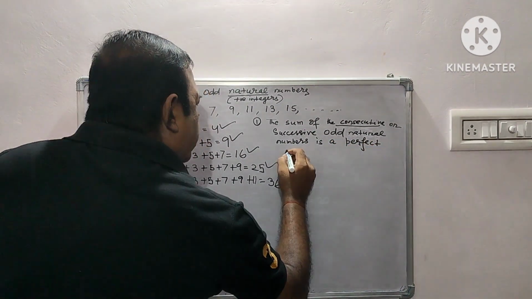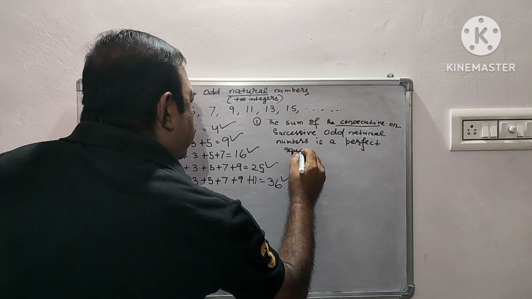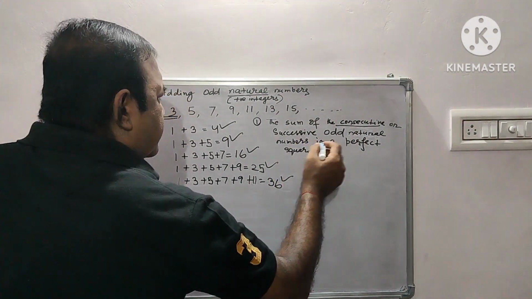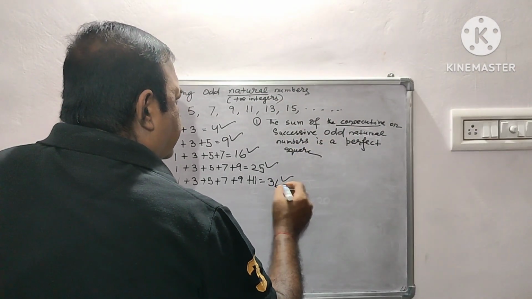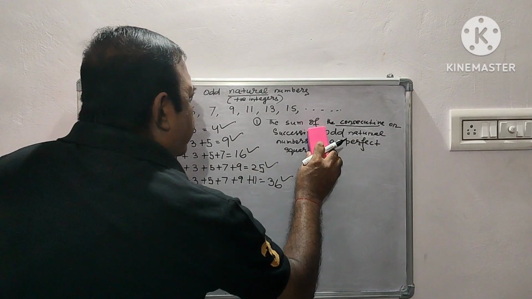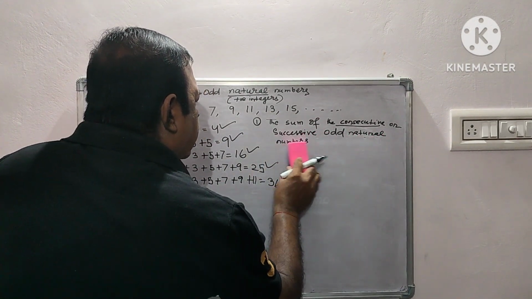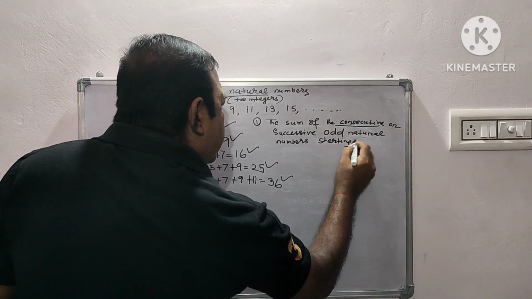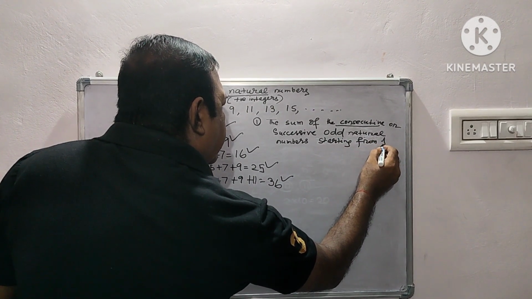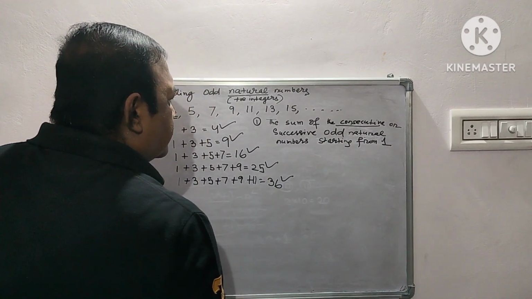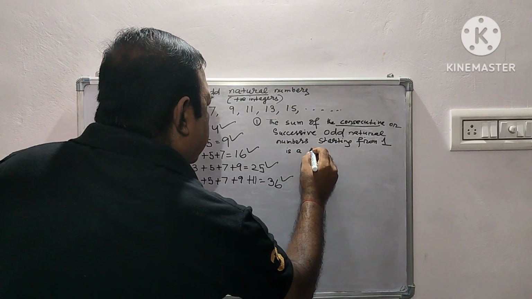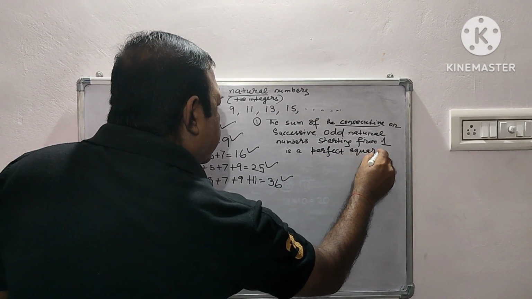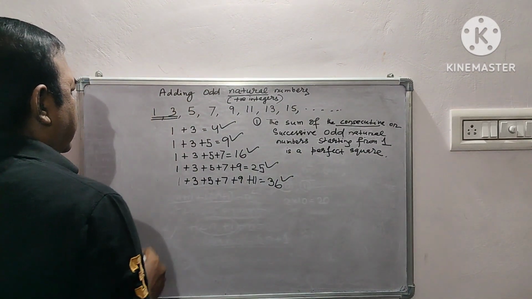That means that is a square number, perfect square. But the sum of consecutive or successive odd natural numbers will be a perfect square if you write it starting from 1. That is one condition. Starting from 1 is a perfect square. This is true.